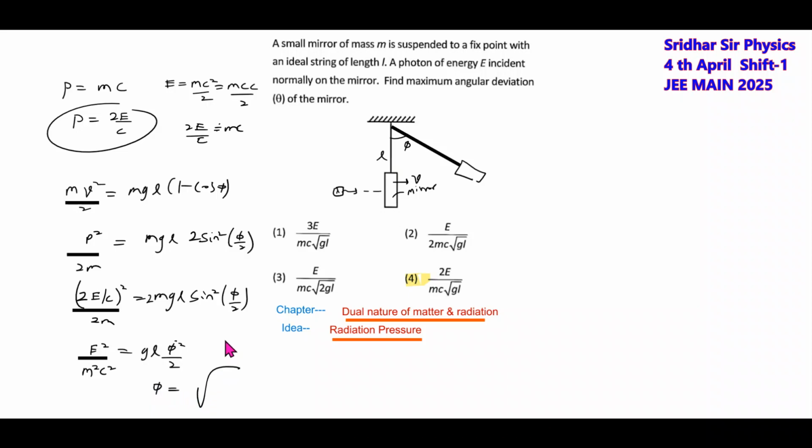So phi is equal to 2 E square by m square c square gl. I think one root gl will be there. mgl, why this 2 should not be there, no?